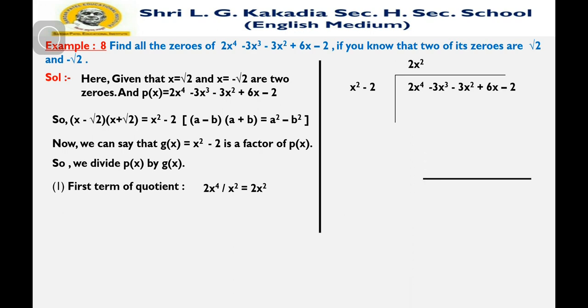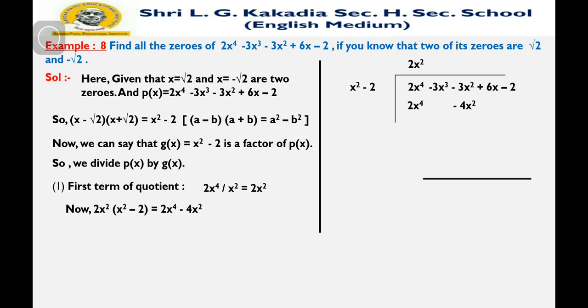So now we multiply 2x square with x square minus 2 and we get 2x raised to 4 minus 4x square as a product, and we subtract this product from the dividend. Here we know that in the product the term x cube is not present, so we leave a gap for it.